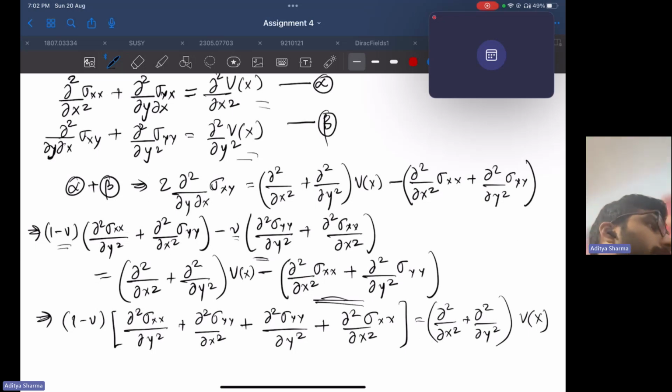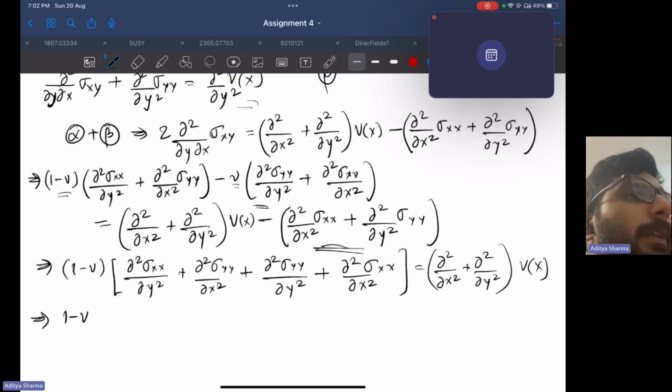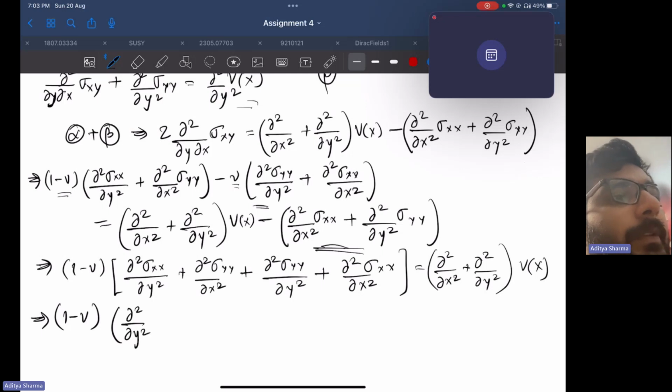So this is the equation which we are going to get. And this can be written as, yeah, this can be factorized very neatly to write something like this. And then assume there are four terms, so we want four terms.